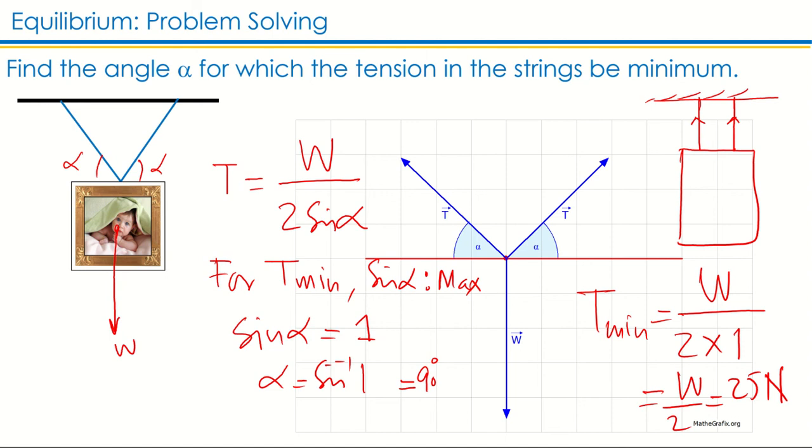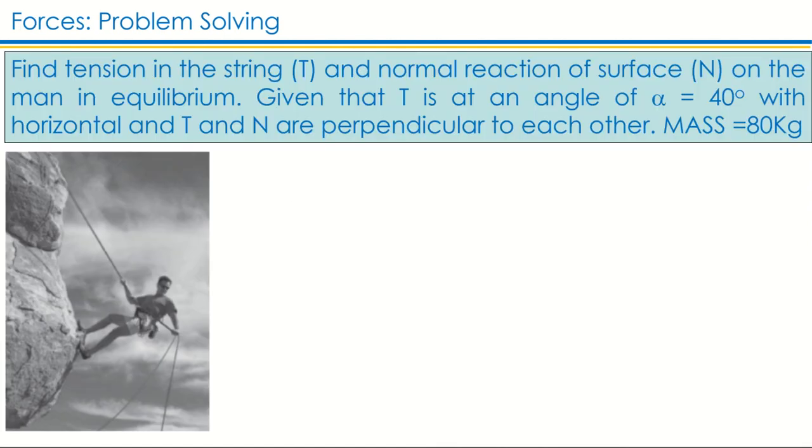picture. The next problem: find the tension in the string and normal reaction of the surface on the man in equilibrium, given that T is at an angle of alpha, that is 40 degrees, with the horizontal, and T and N are perpendicular to each other.